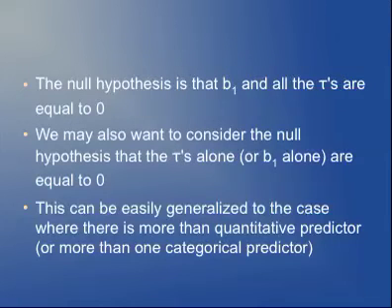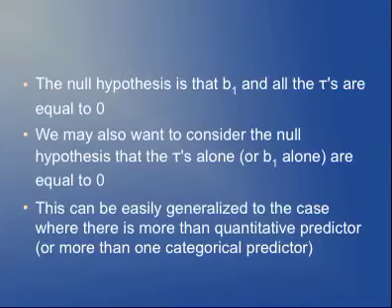And so the null hypothesis is that the regression slope b1 and all of the taus are equal to 0. That is, as x1 increases, there's no increase or decrease in y, and the value of y also doesn't change across any of the categories for x2.